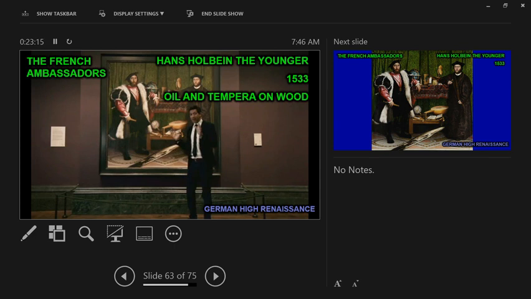I put this photograph in here to show you how large the French Ambassadors is. And it's weird to have oil and tempera on wood. Tempera is water-based, and oil has oil in it. So oil and water don't mix well.